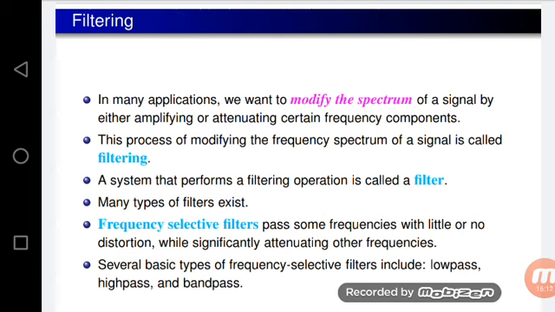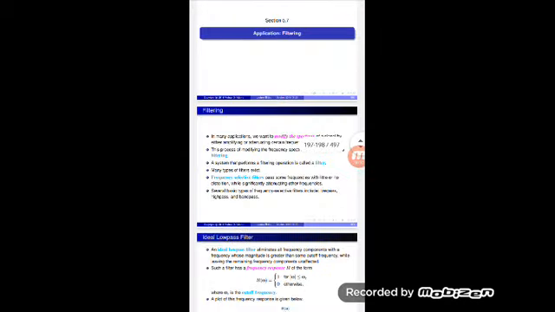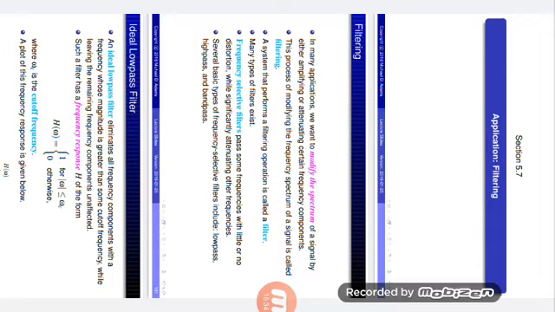Filtering means working with the frequency spectrum. Why are we using the frequency spectrum? The main objective is balancing, maintaining, or adjusting the quality of the signals by adding frequencies with respect to the frequency spectrum.